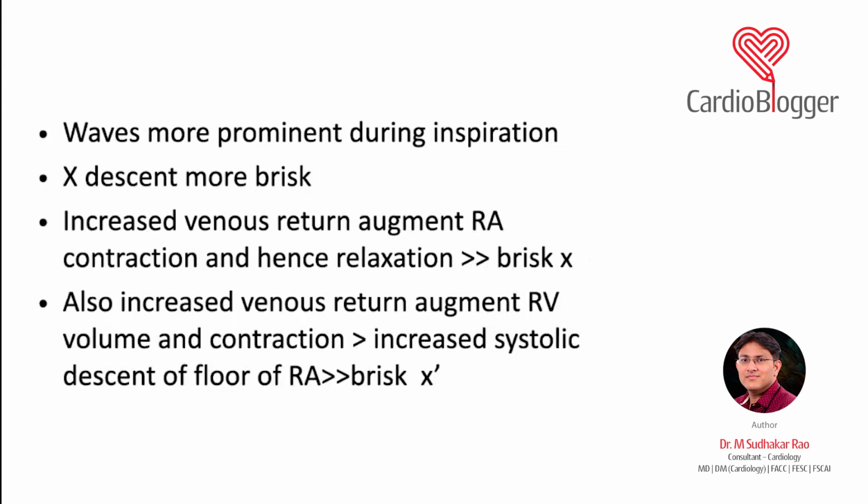X becomes very brisk, because increased venous return augments RA contraction and hence relaxation. So it causes a brisk X descent. Also the increased venous return augments the RV volume and contraction and causes the increased systolic descent of the floor of the RA, which causes a brisk X prime.